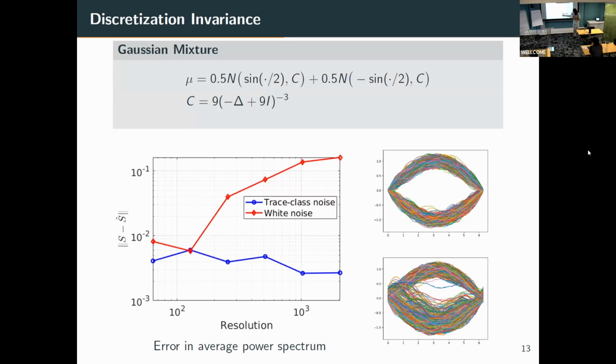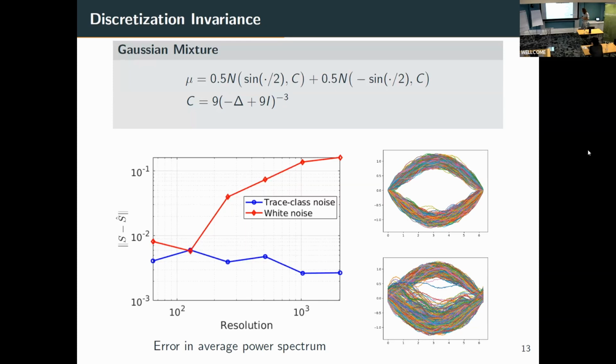What I measure is essentially a moment of the resulting distribution. I'm not claiming this is the best measure. This is the difference between the average power spectra. So this is some moment that tells me roughly how well I've matched the distribution, certainly not that I've matched it perfectly.